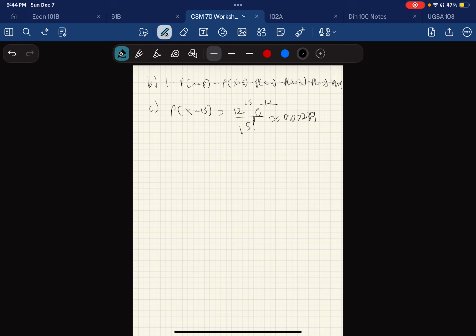And now we have to think about how that's distributed. If you receive exactly 15 emails on the eighth day, you can say that you have 7 failures. So if we say that p is the probability that x is 15, we could write this as 1 minus p to the 7th times p.